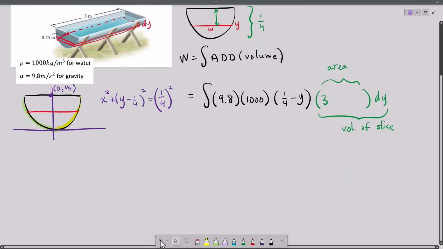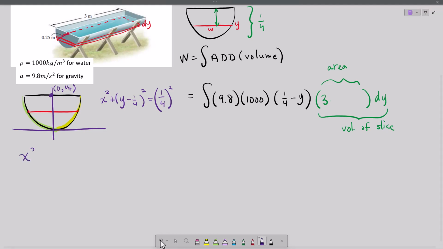And we need to isolate the x's. So let's come over here. We're going to have 1/16 minus, we're going to FOIL out this y expression. That's going to be y squared minus 1/2 y plus 1/16. Do you agree? The middle term, you do the negative 1/4 y, double it, and you get negative 1/2 y.